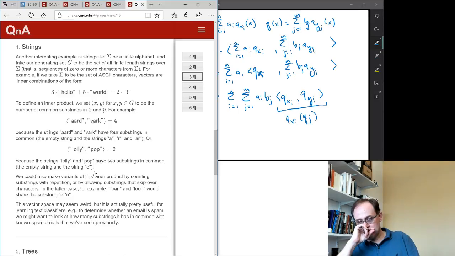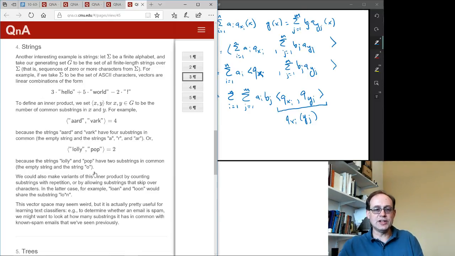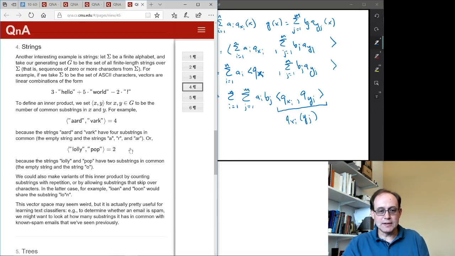Another example that's maybe interesting is strings. So think of all finite length strings over an alphabet sigma. Sigma could be, let's say, Unicode characters, or, if you're back in the 1980s, the set of ASCII characters. So vectors are linear combinations of the form 3 times hello plus 5 times world minus 2 times the exclamation point.